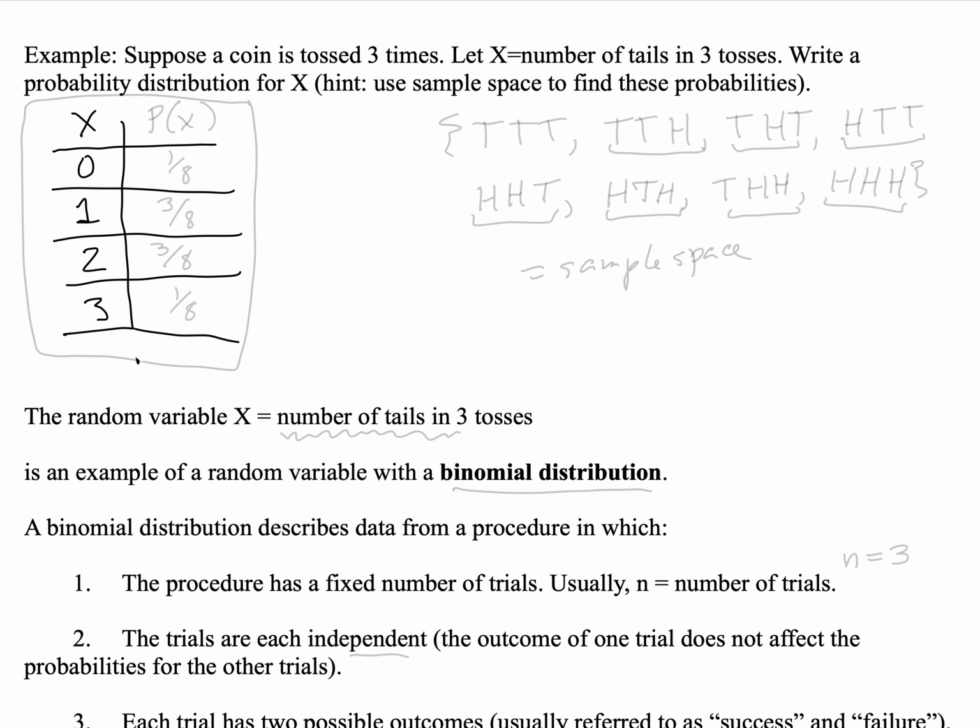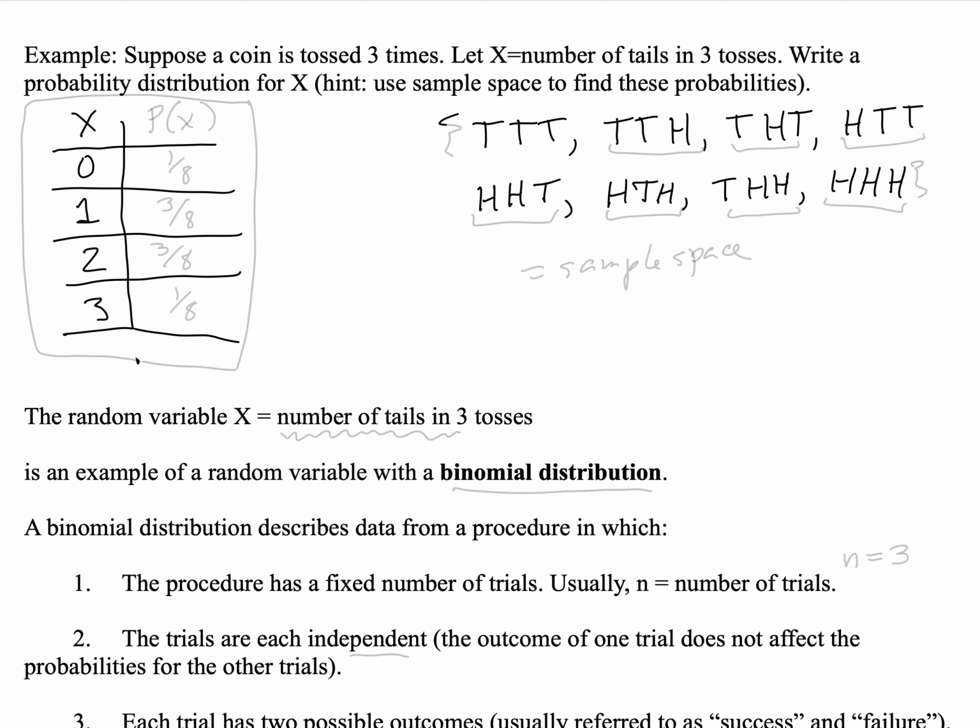So what is the sample space? That's all possible simple events. So I could have 3 tails in a row, or I could have 2 tails and then a head, or I could have a tail, a head, and a tail, or I could have a head and then 2 tails, or I could have 2 heads, then a tail, or a head, a tail, and a head, or a tail followed by 2 heads, or lastly, I could have 3 heads in a row.